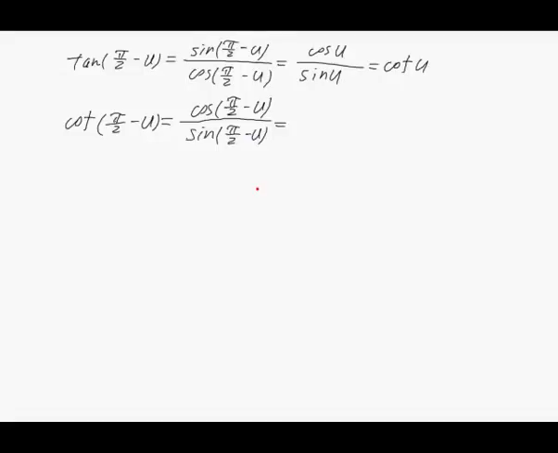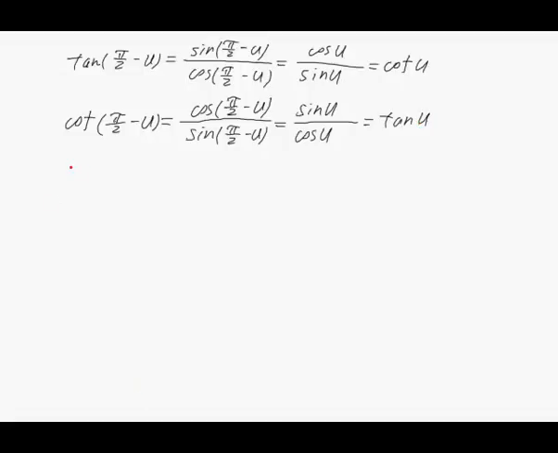Okay. And then by the cofunction identity for the sine and cosine, this is equal to sine u, and this is equal to cosine u. So this is equal to tangent u, right?